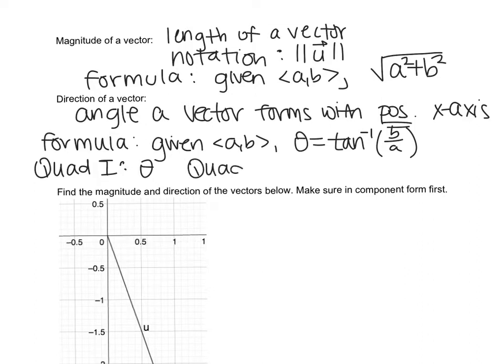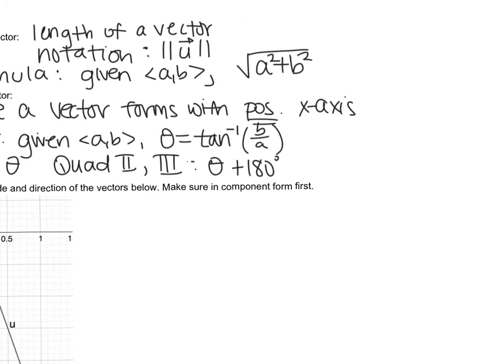If we are in quadrants 2 or 3, we take theta, whatever the tangent inverse of b over a is, and we add 180 degrees to it. And then if we are in quadrant 4, we're going to take our angle theta and add 360 degrees to it.